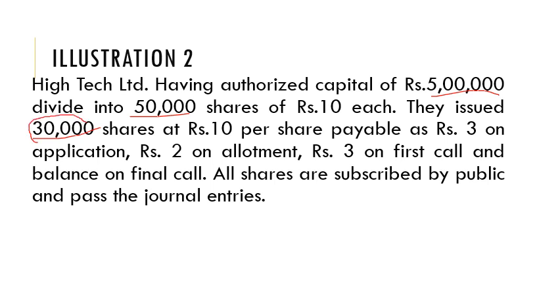Out of this, 3 rupees on application, 2 rupees on allotment, 3 rupees on first call, and the balance on final call. So how much will be the balance? 3 plus 2 is 5, plus 3 is 8. Then the balance is 2. So 2 rupees is to be paid on final call. Then pass these journal entries and send your answers in our Google Classroom. Okay.